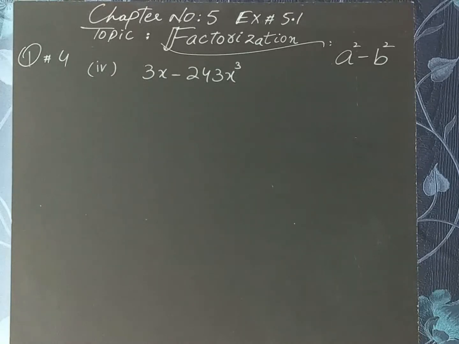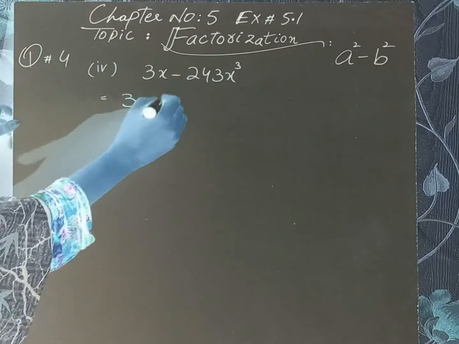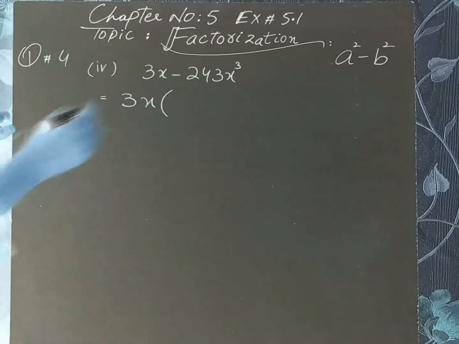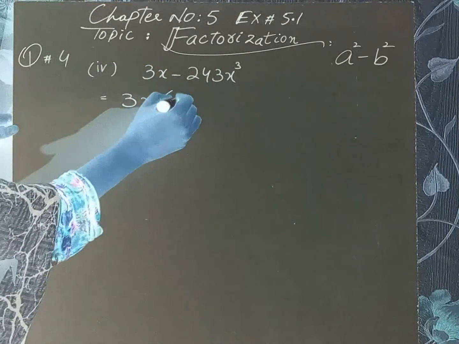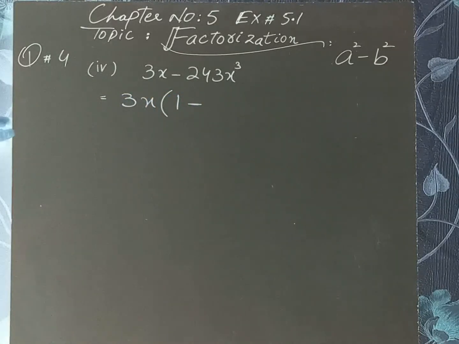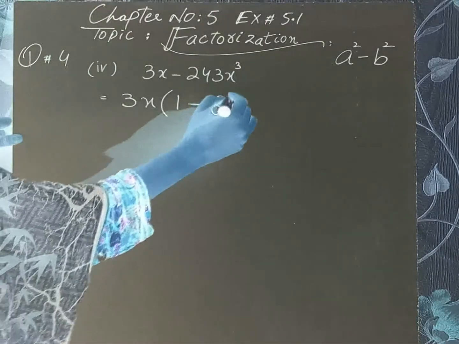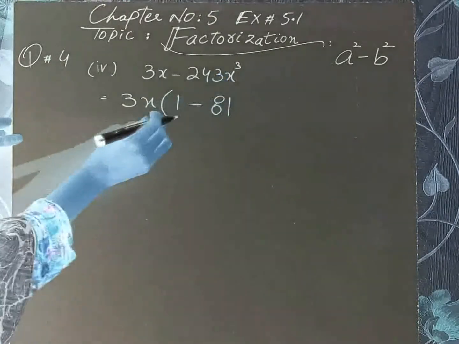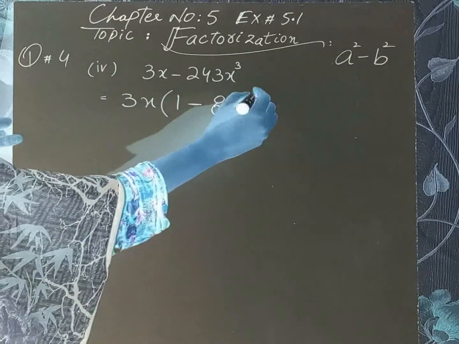So 3x is the common, and there will be 1 minus, 243 divided by 3 is 81, and from x cubed, x is common, so here is now x squared.